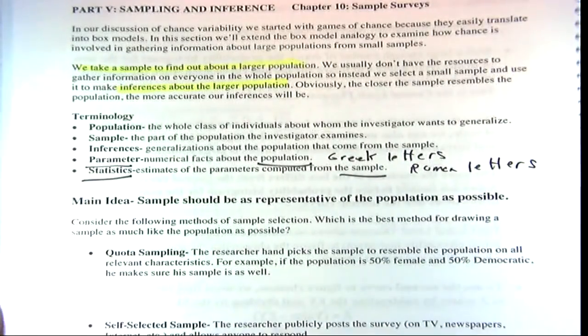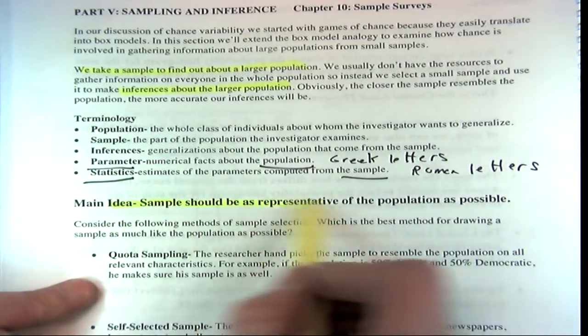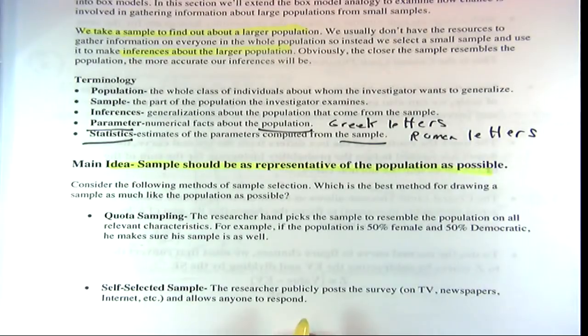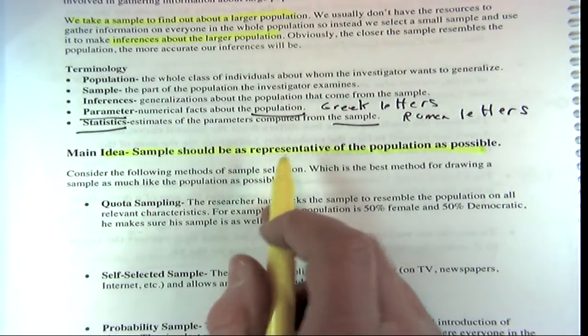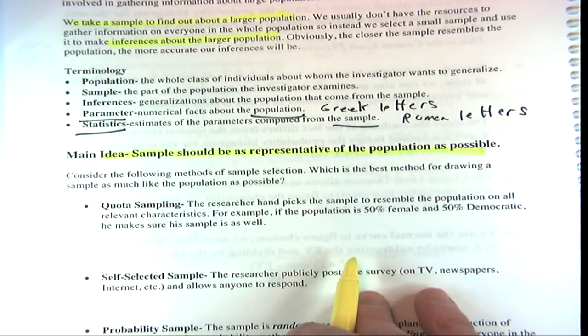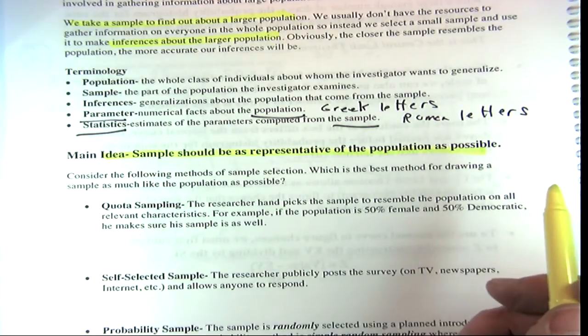All right, so here's the main idea, of course, that the sample should be as representative of the population as possible. So let's think about these following methods of sampling and think which one is the best to achieve our goal of having it be as much alike as possible. Okay?